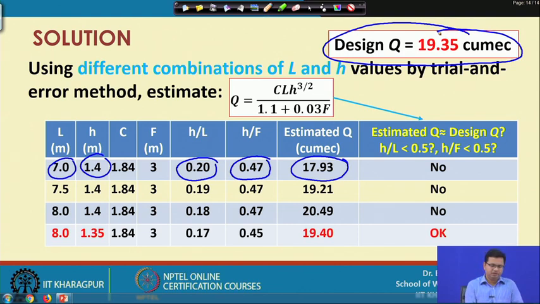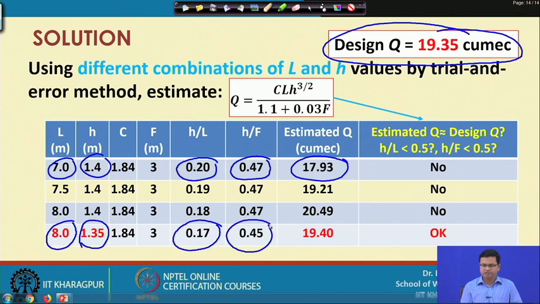So, if I have taken L equal to 8 meter and H equal to 1.35 meter, then I am getting H by L equal to 0.17 and H by F equal to 0.45, and my estimated Q value by using the above equation is 19.40 qmec, which is nearly equal to 19.35 qmec.